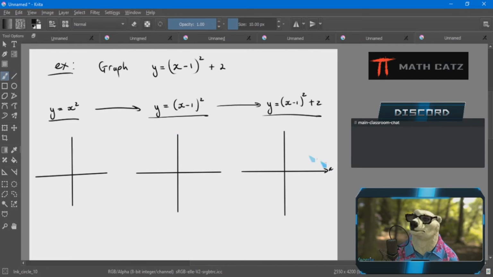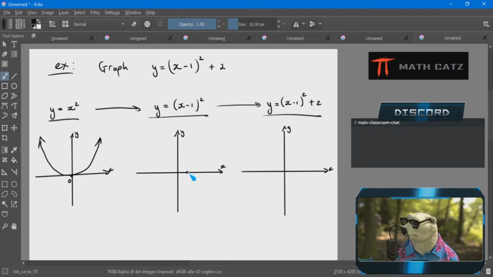So when the function is more complicated, I can see it as a sequence of transformations, one after another, so that I can keep track of how the graph changes from the basic wobbly parabola that I know and love. So I have my familiar parabola shape because that's the function I start with. The function changes first, in this case with a replacement of x by x minus 1.